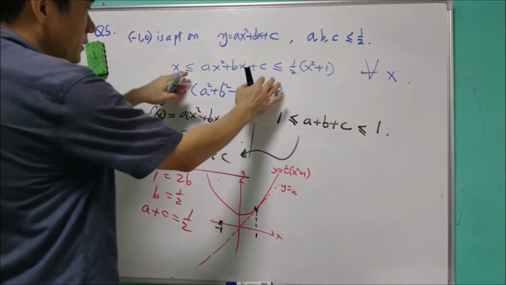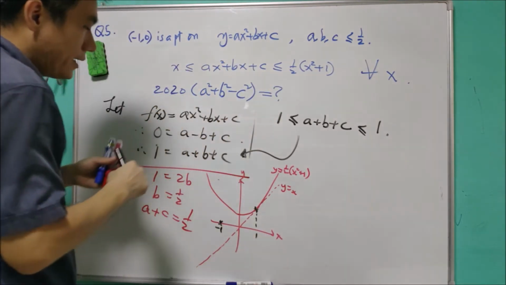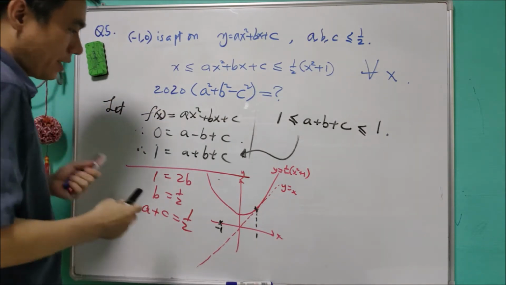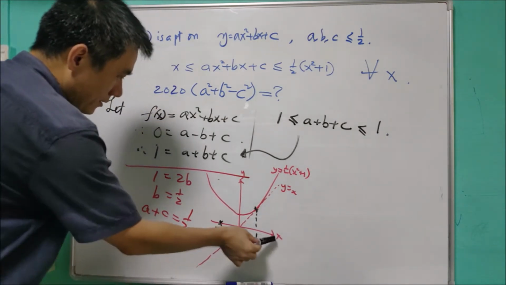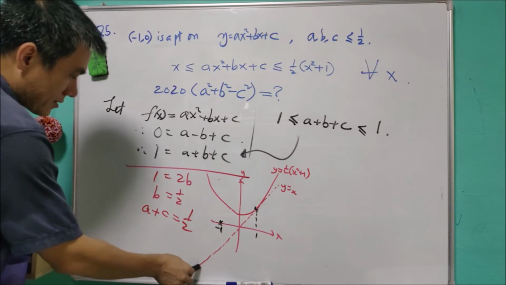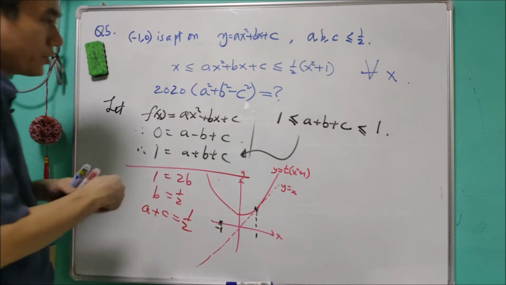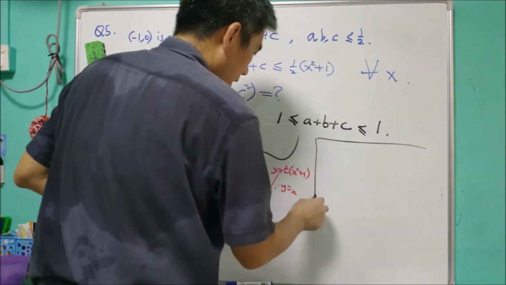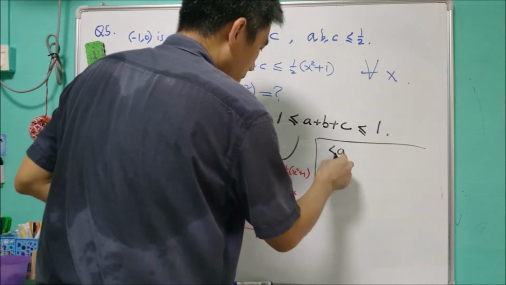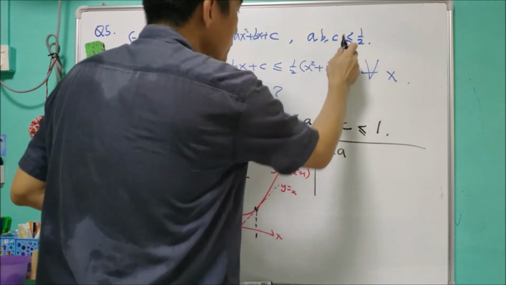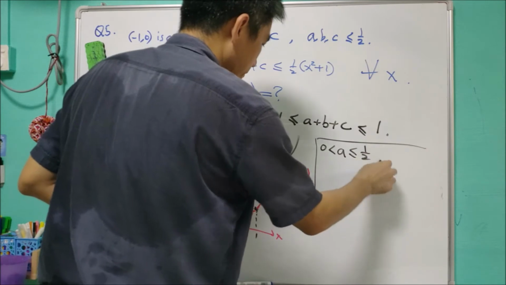In order to make this inequality hold, a has to be positive. If a is negative, then there must be some point where it is less than x. So what we know from here is a has to be positive and also not more than half.